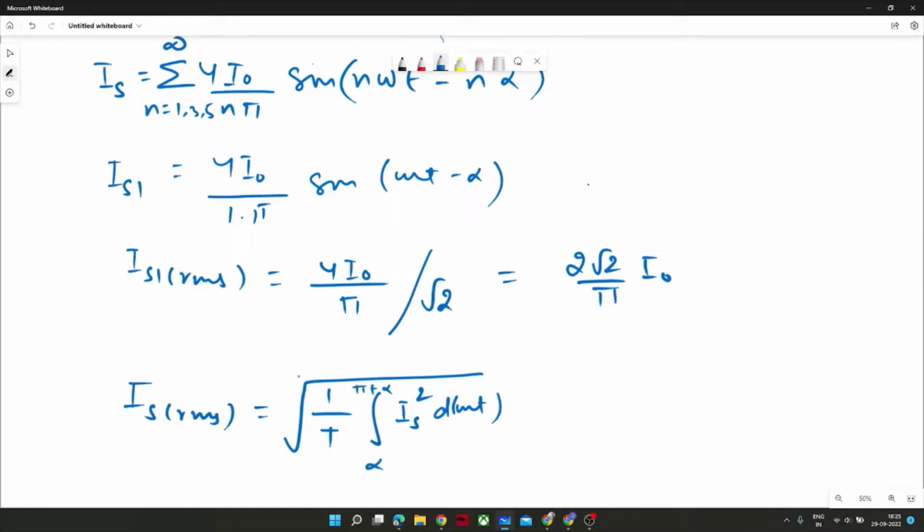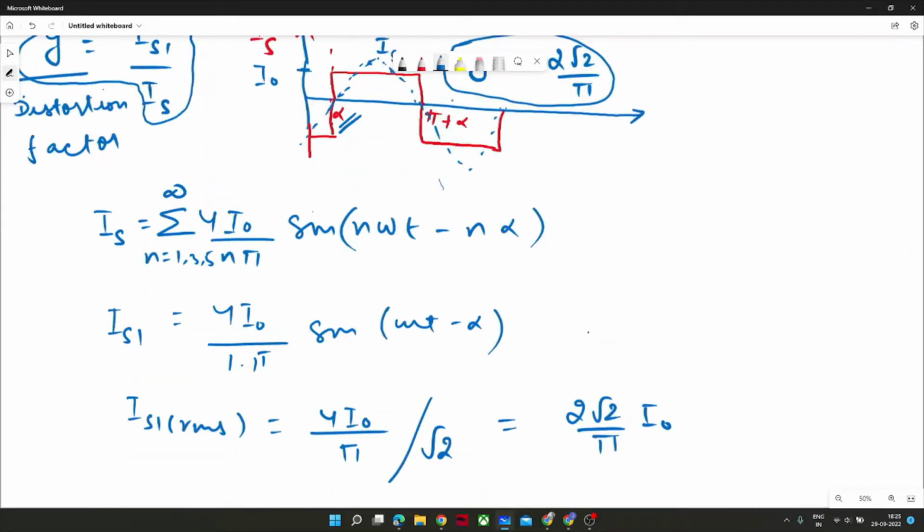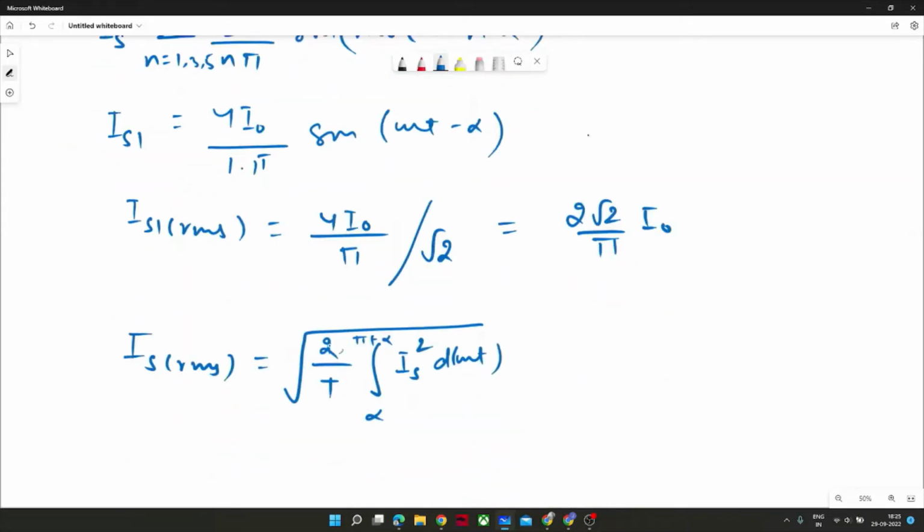We can take 2 by T because it is periodic anyway. Since this is half wave symmetric, we can easily go for half period. Otherwise, you can write from alpha to 2 pi plus alpha, where you take one full cycle. Yes, it doesn't matter. You are right.